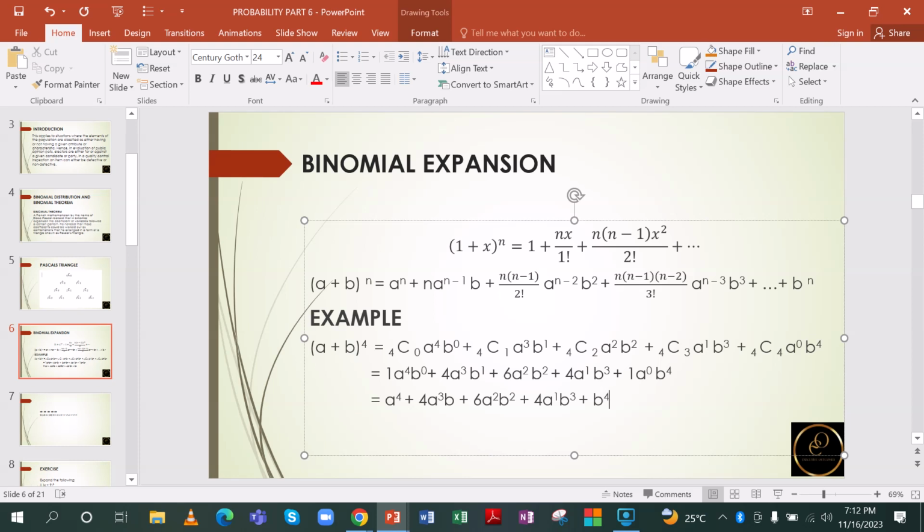The last one is 1 multiplied by a raised to power 0, which is 1, so 1 times 1 times b to the power 4. So you have done the expansion: the expansion of a plus b to the power 4 using the binomial expansion. Are we together? Yes, sir. Okay, that's how you expand using that.